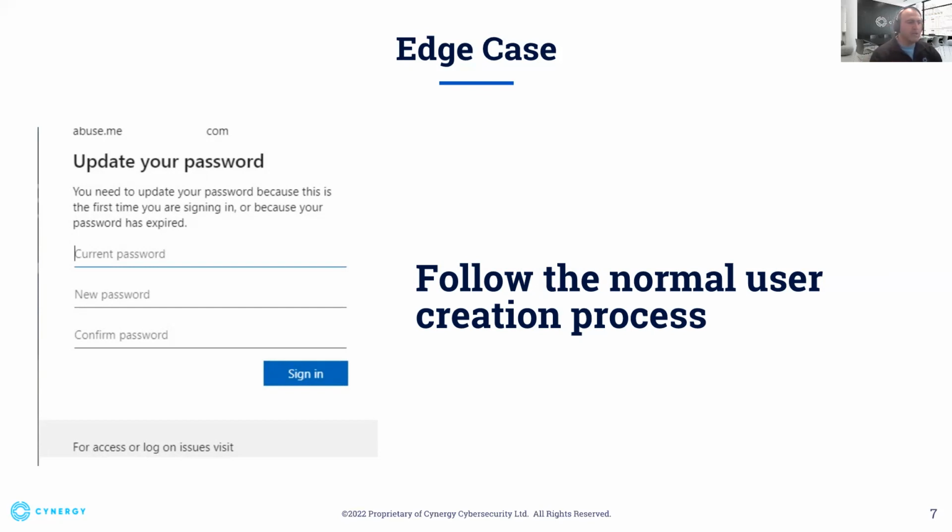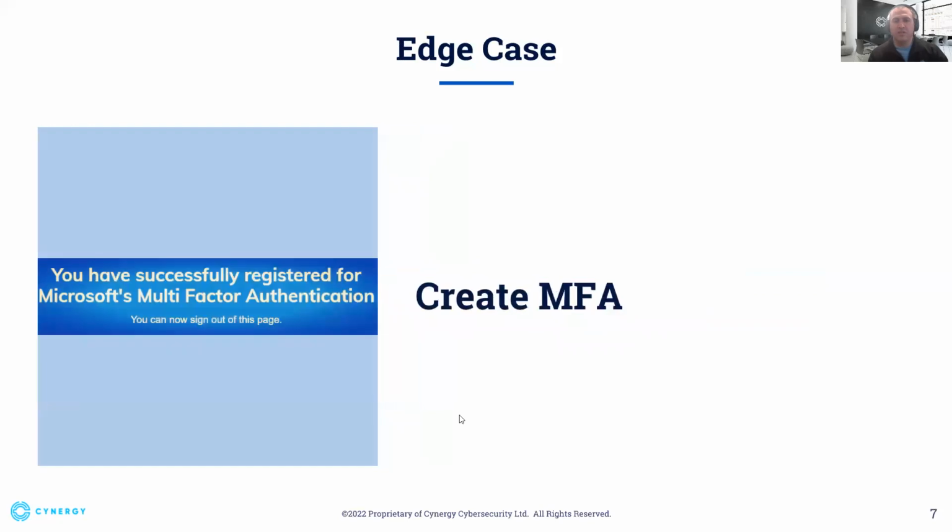Now, I told you that most modern organizations have something that is necessary in order to get access to specific content, called multi-factor authentication. So the next thing that I needed to do in order to access the organizational network was to create a multi-factor authentication.